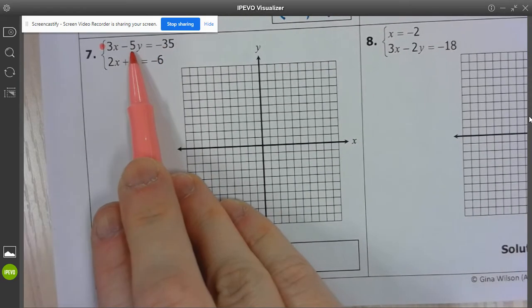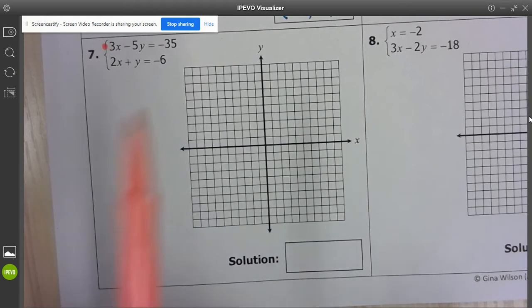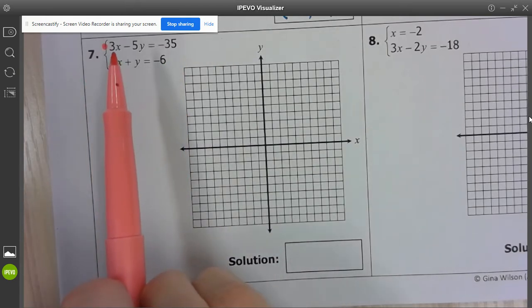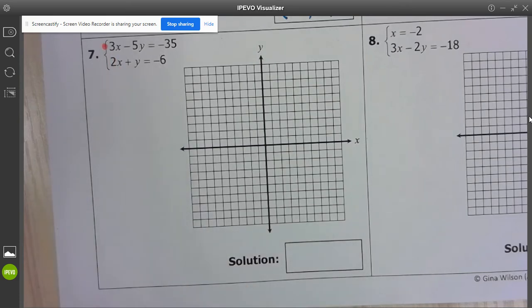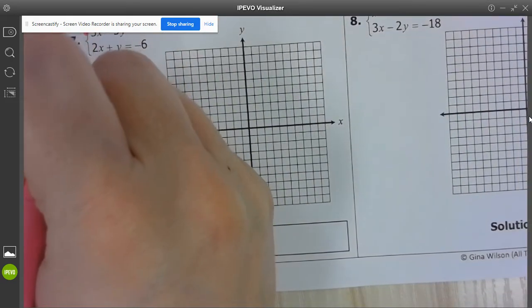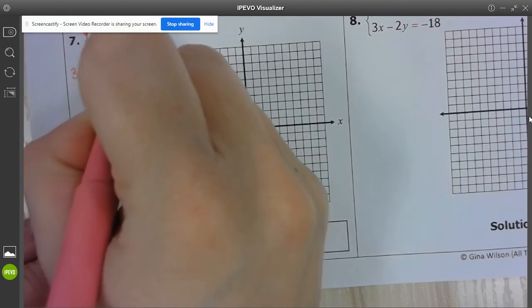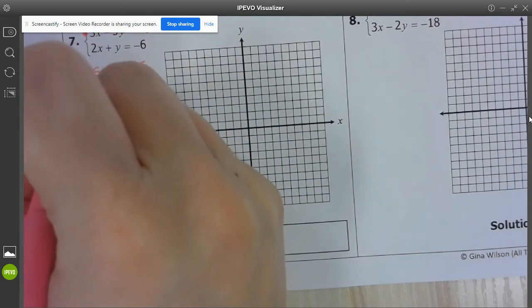Because negative 35 divided by 5 is negative 7. That would fit. 35 is not evenly divisible by 3. So I can't use standard form. I have to use slope-intercept form. So subtract 3x.